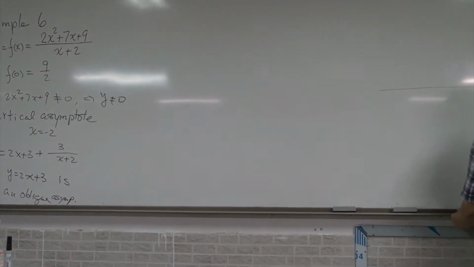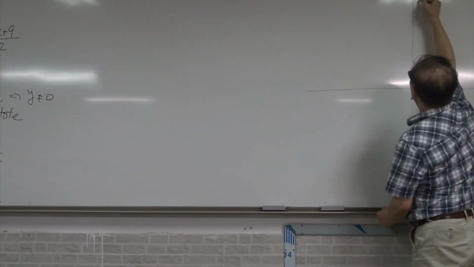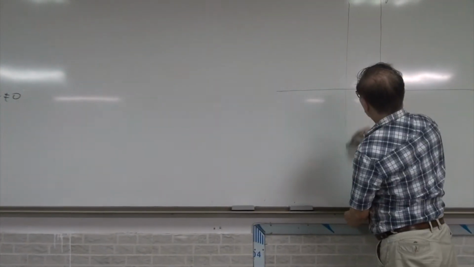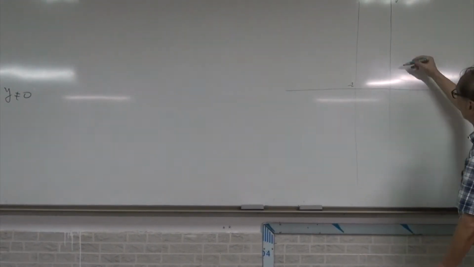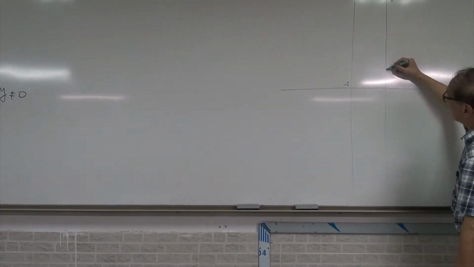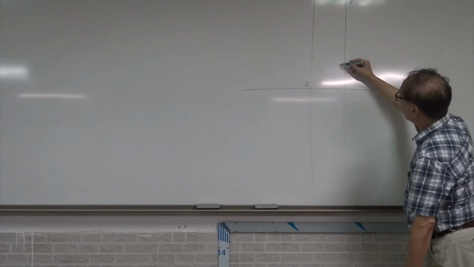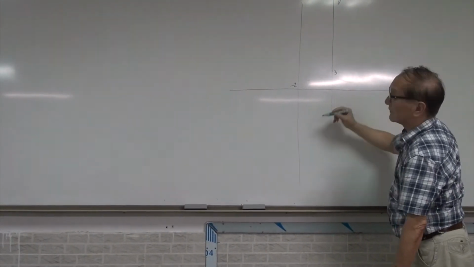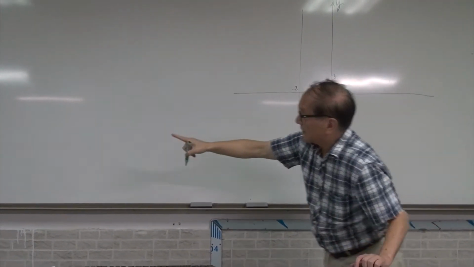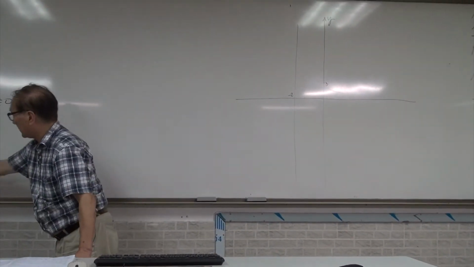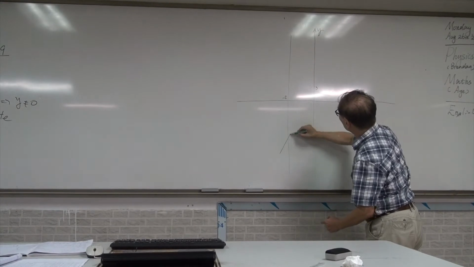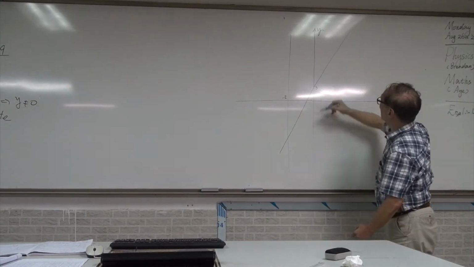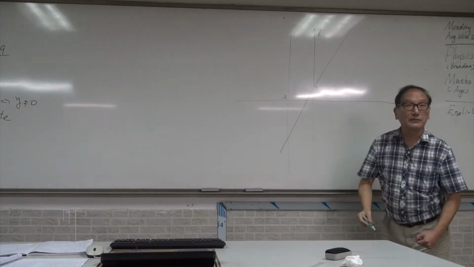This is the y-axis. This is 2, minus 2. This is the vertical asymptote, and this is the oblique. This is 3, right? 3 is the intercept, and the gradient is 2, something like this. So this is my oblique asymptote.